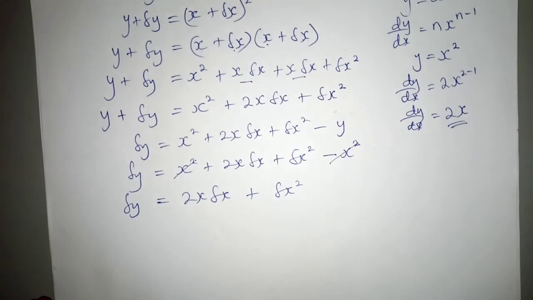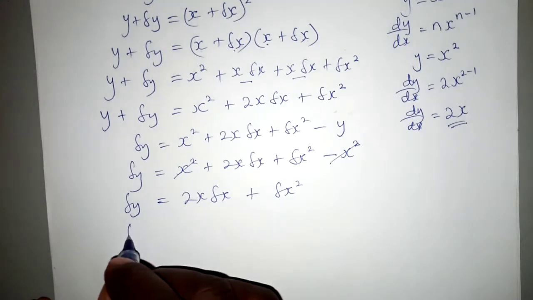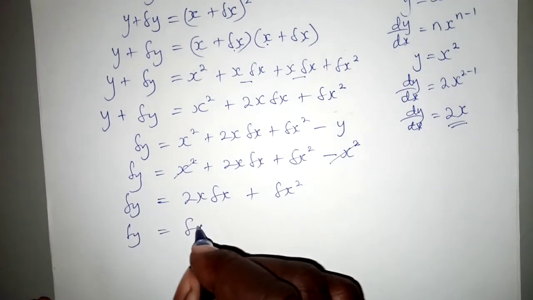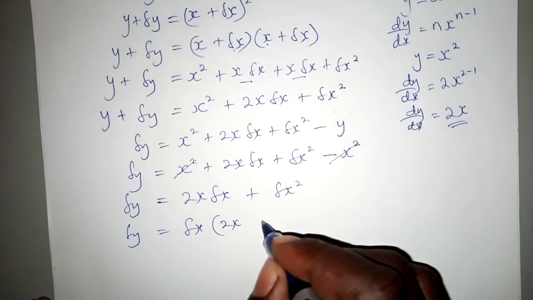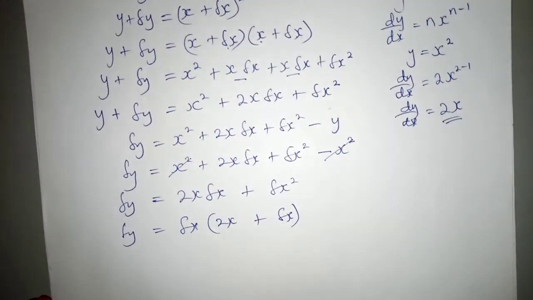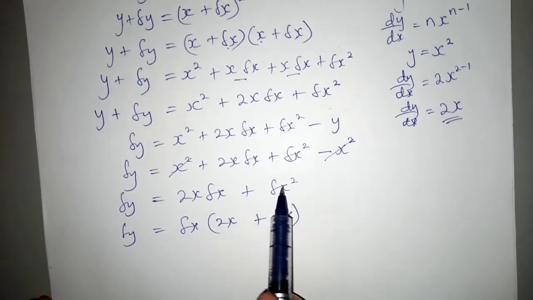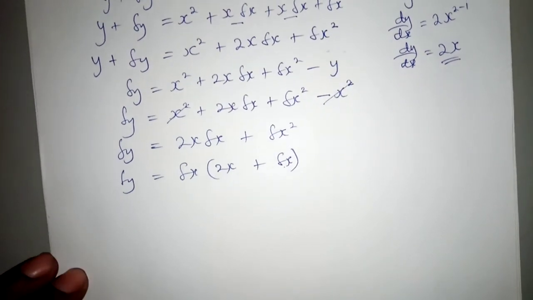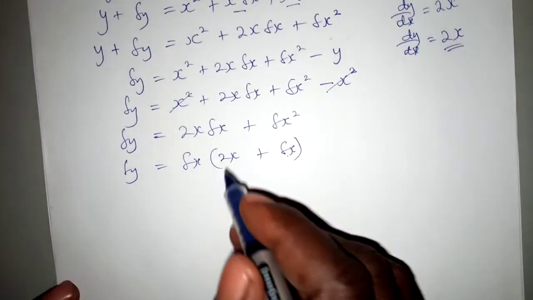So we have delta x here and we have another delta x here. Let me factorize delta x out from this expression. So we have delta y is equal to delta x into 2x plus delta x. If you expand this, delta x multiplied by 2x is 2x delta x, multiplied by delta x is delta x squared.